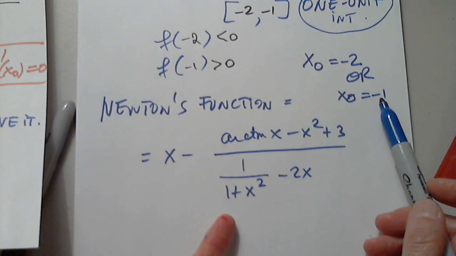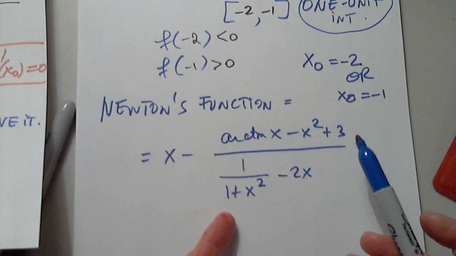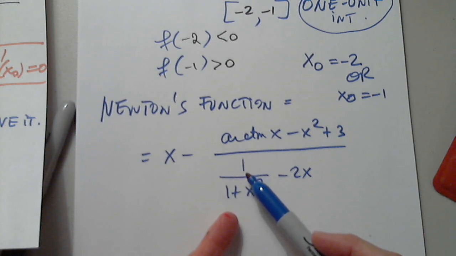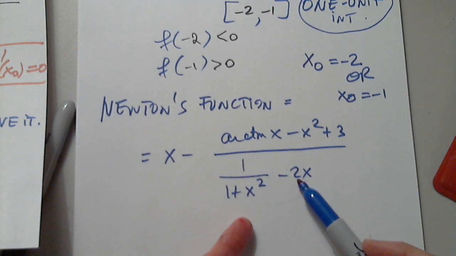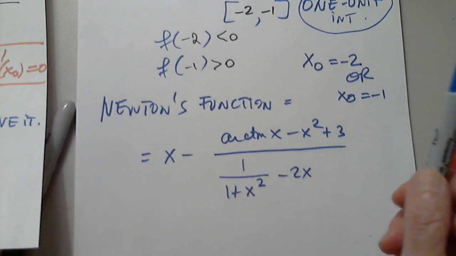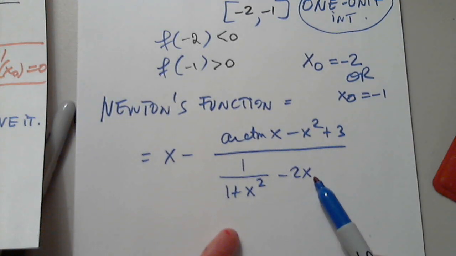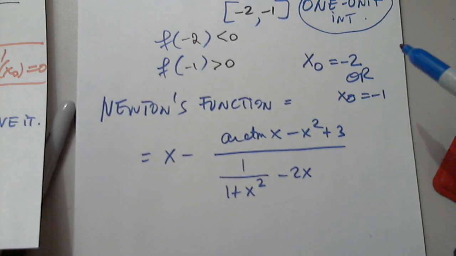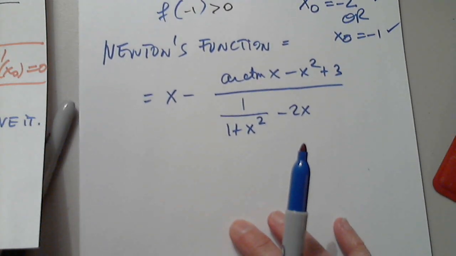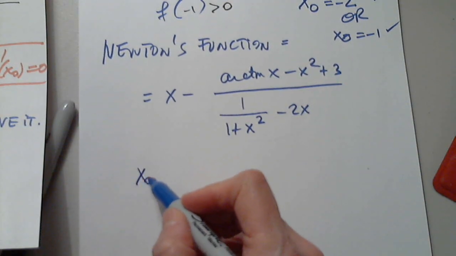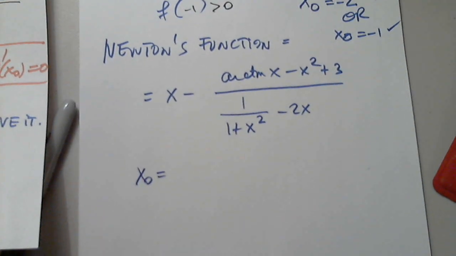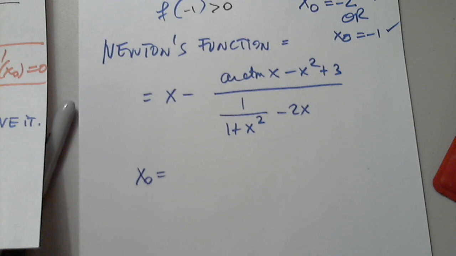So if I start at negative 1, this will be 1 over 2 plus 2. That's not 0. If I start at negative 2, I have 1 over 5 plus 4. That's not 0. It doesn't matter where I start, but I have to choose one. So please choose a starting point.